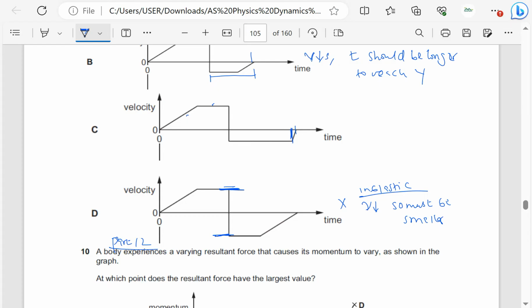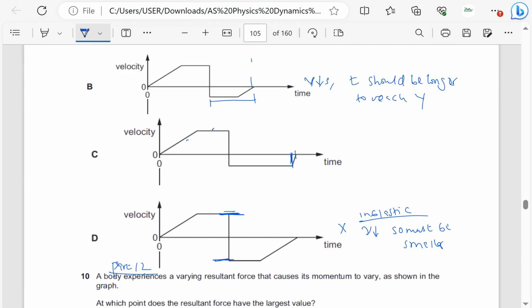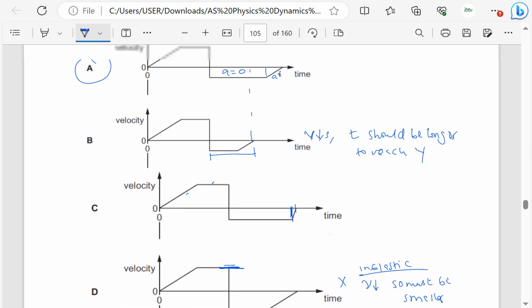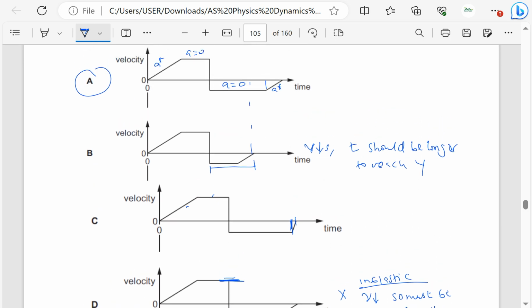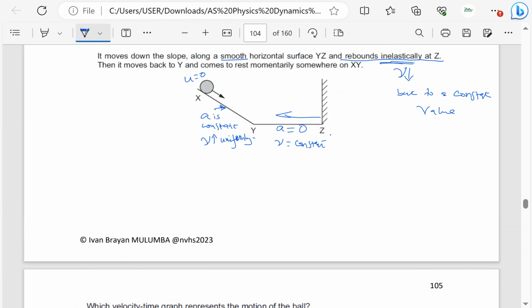In part 11, I think we stopped here, and we said our answer to this question was A rather than C, because they say the body comes to rest somewhere along XY.